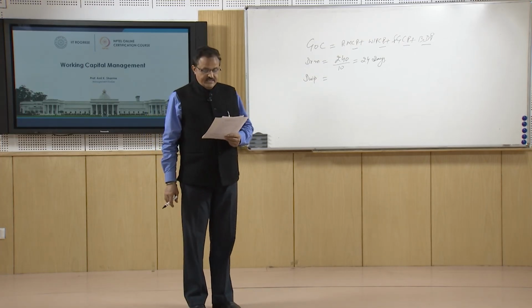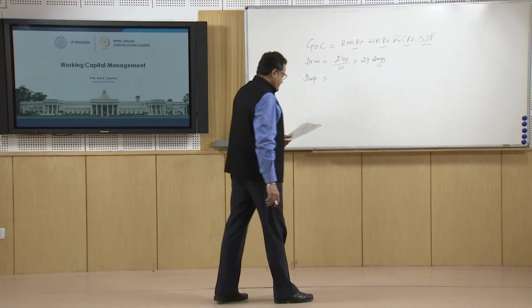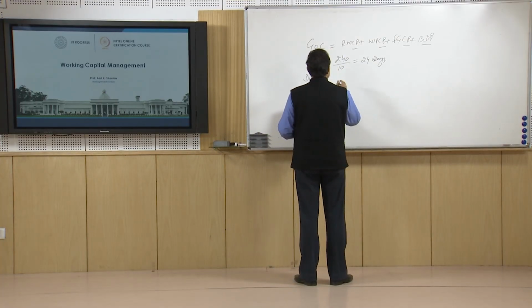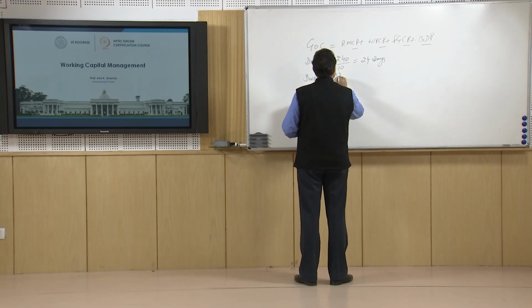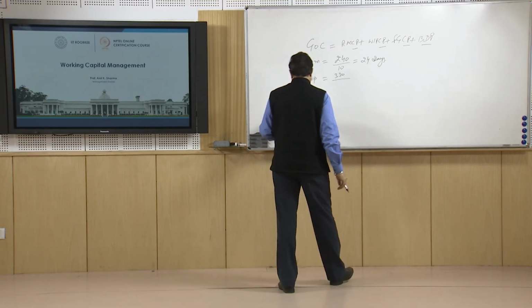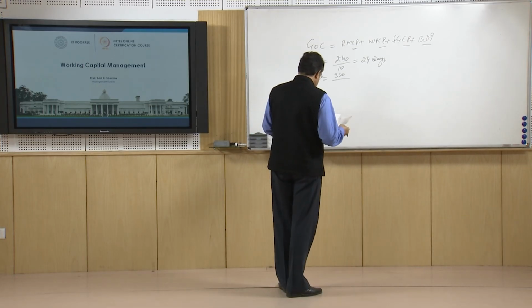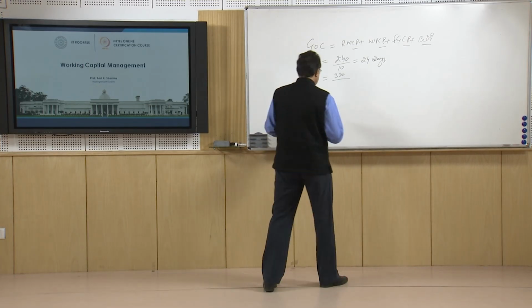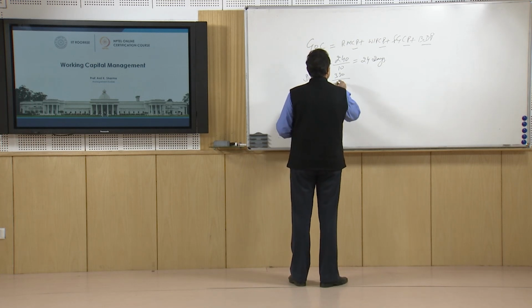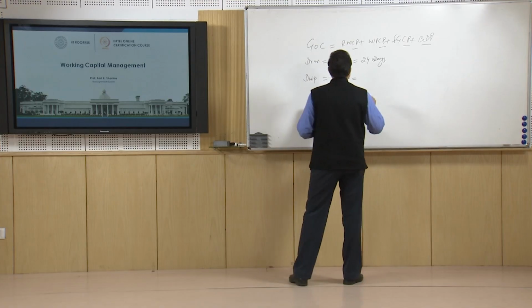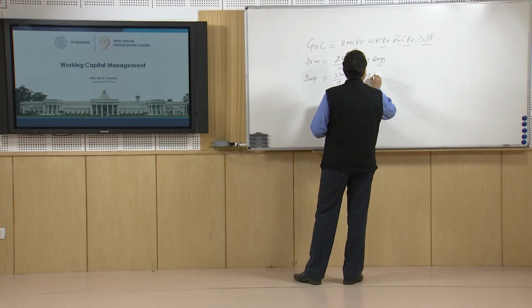We are given information about the WIP, that is 330 tons, divided by average WIP value committed per day, which is 15,000 kgs. So 330 divided by 15,000 kgs. This works out as 22 days.